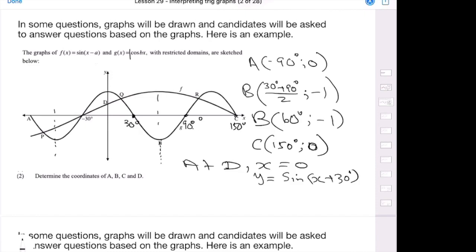So you can just substitute there to get y. So if you substitute, you should get y is equal to sine of 30 degrees, but sine of 30 degrees should be equal to half, and that will help us find D. Therefore, at point D, x is 0 degrees, but y is 1 over 2.